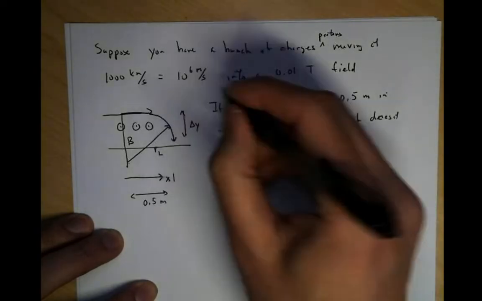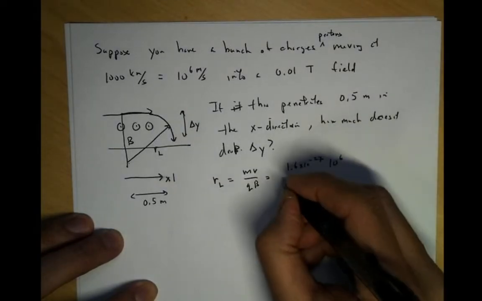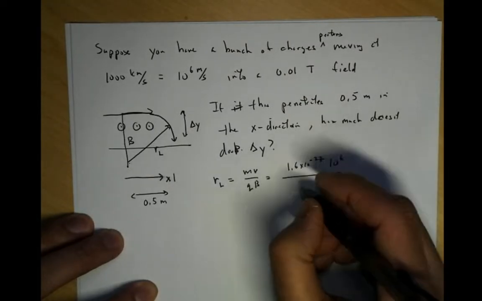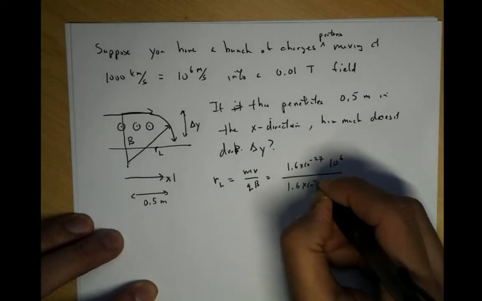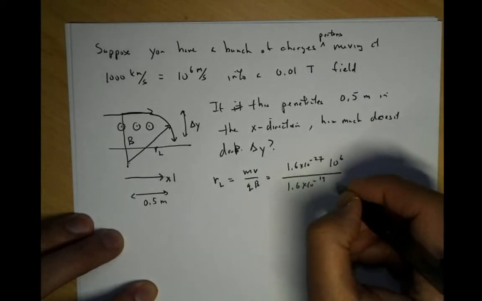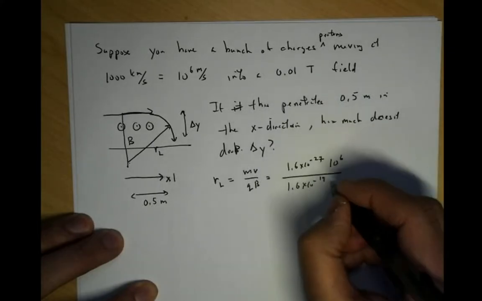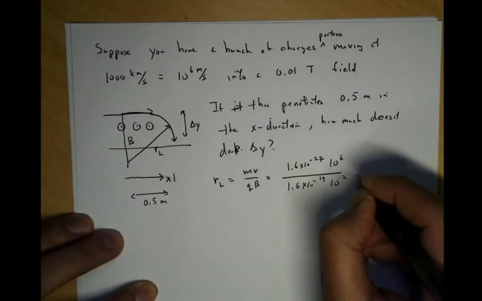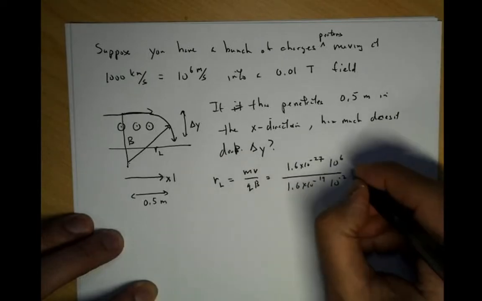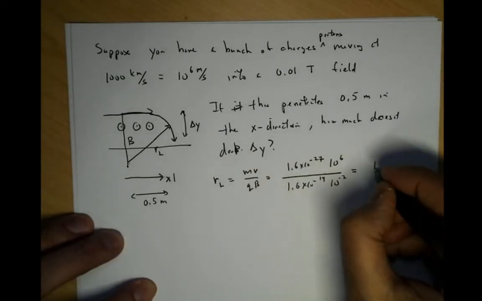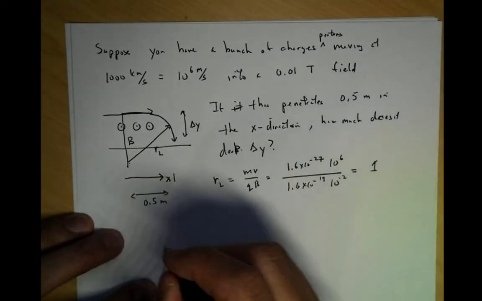The velocity was 10 to the 6, divided by q, which is 1.6 times 10 to the minus 19, and then the B field is 0.1 Tesla, so 10 to the minus 2 Tesla or so. Okay. And now the reason why I picked these numbers is because if you actually work this out, this is exactly 1. That's 1 meter.